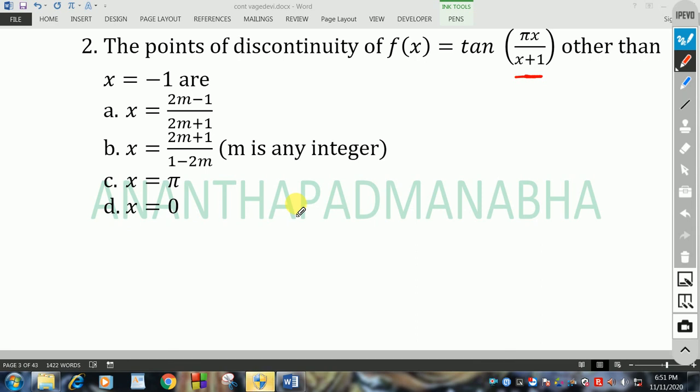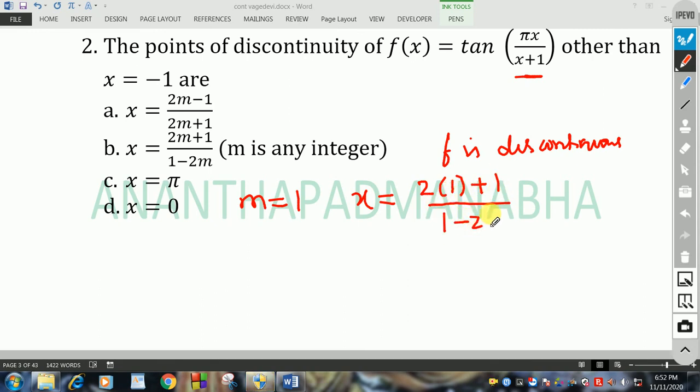The function f of x is discontinuous wherever it is not defined. You see, f is discontinuous wherever it is not defined. So let us put m is equal to 1 in option B. So then x will be equal to 2 into 1 plus 1 by 1 minus 2 into 1.